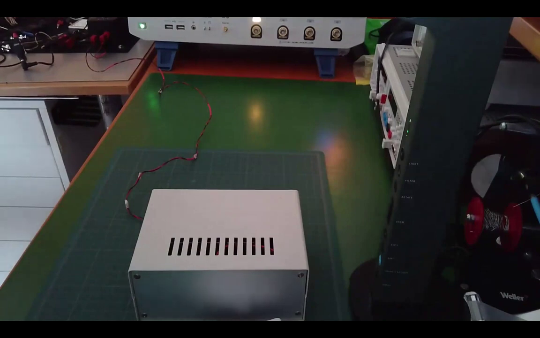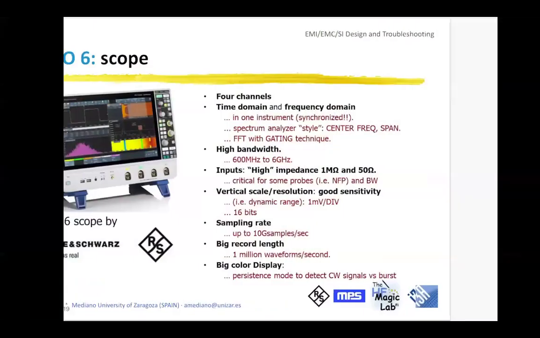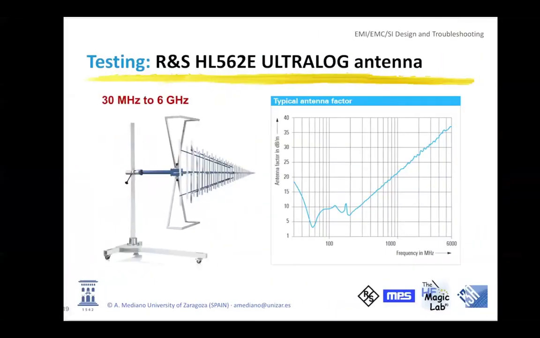So let's consider that we are interested in measuring radiated emissions. The first thing we need is one antenna. So let's go again to the slides. And when you are trying to make debugging with one antenna, you will go to something like this. Remember that you will have an antenna with rods, and the longer rods in this antenna, this area here, will be used to measure the lower frequencies, higher wavelength.